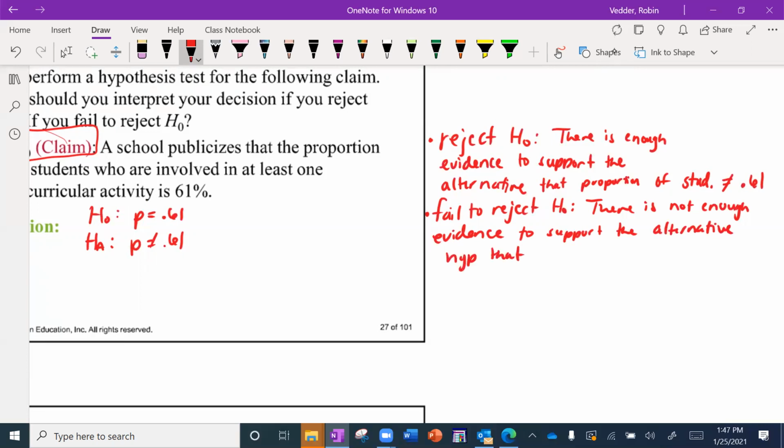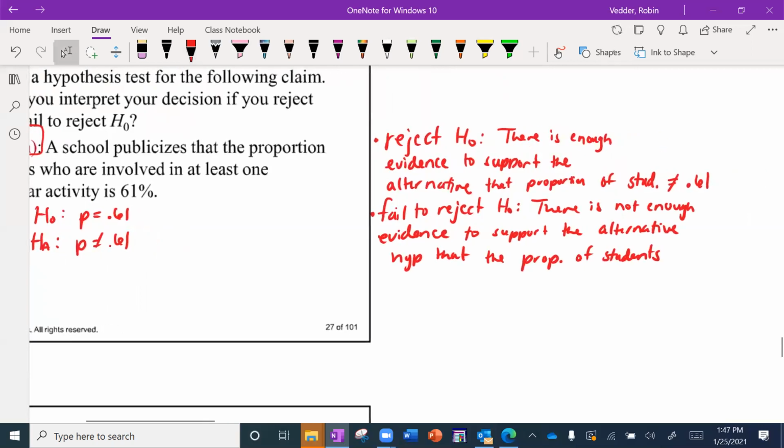That the proportion of students involved in at least one extracurricular activity is not equal to 0.61.